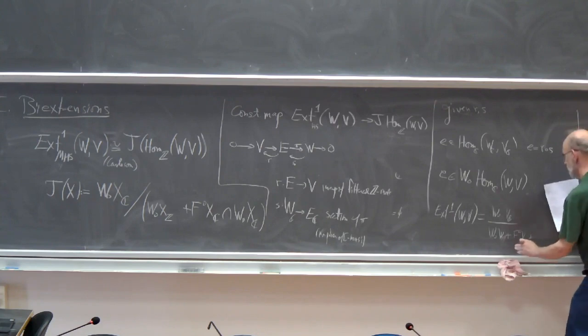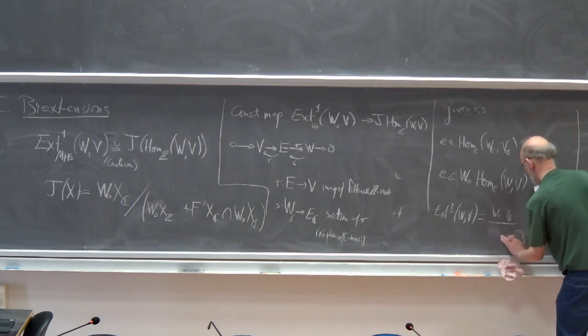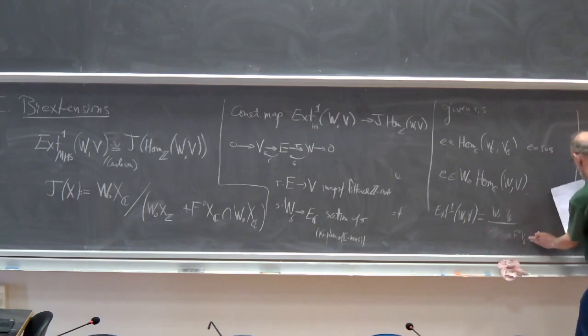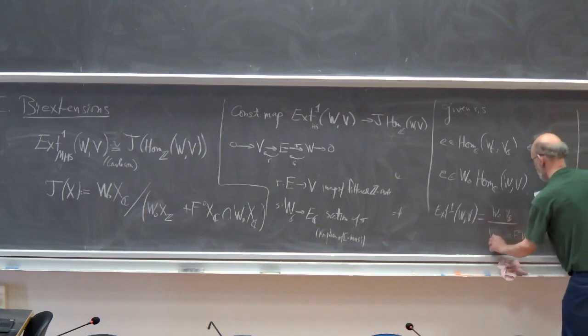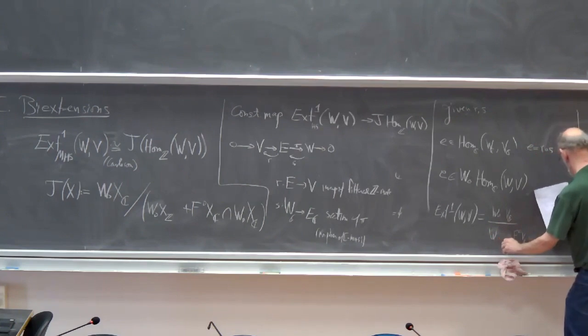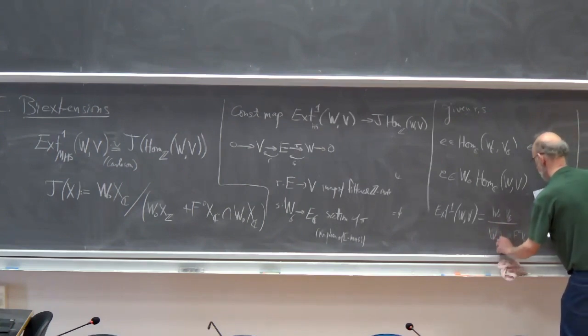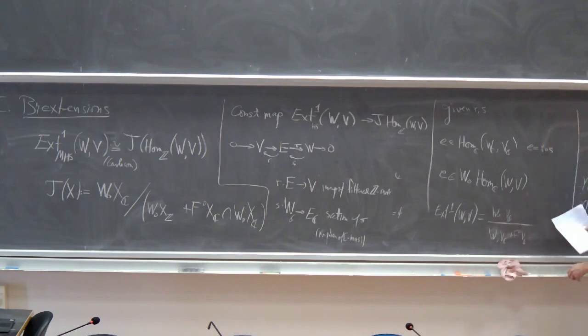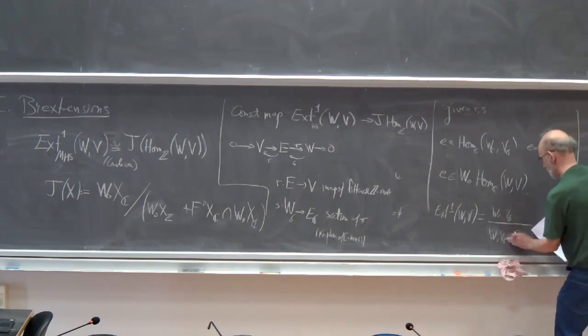Yeah, sorry, forget this. F naught of VC plus W naught of VC. There should be intersection. Sorry, I've written this wrong. It should be intersection.